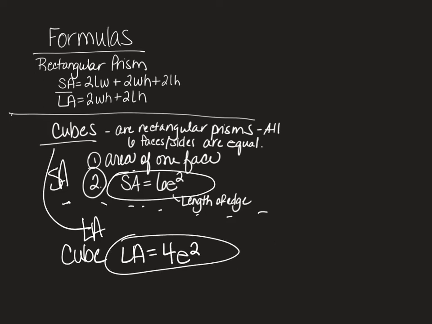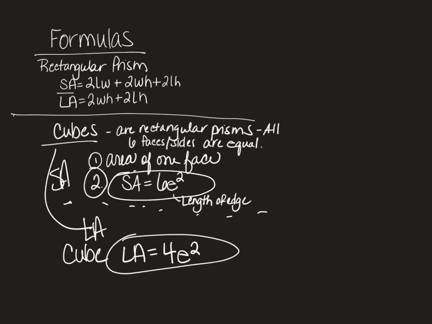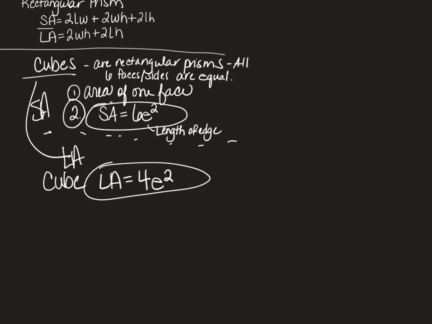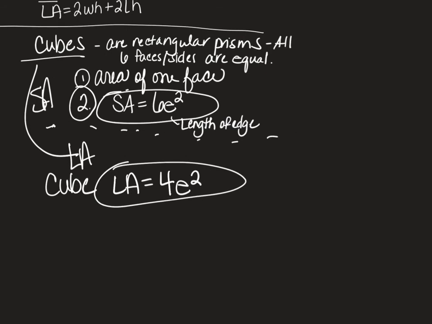All right, now I'm going to move this up and we're going to practice some of this, okay? So this is all we need to know for the cube. For now, yes. Okay? So let's say that we have a cube. All right, good enough.